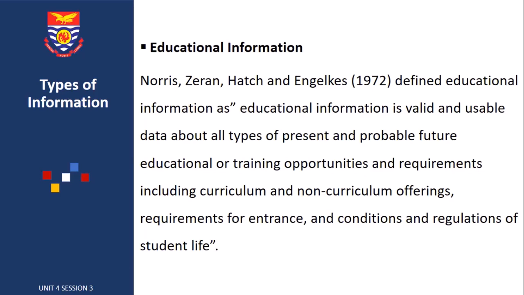Norris and others, 1972, define educational information as valid and usable data about all types of present and probably future educational or training opportunities and requirements, including curriculum and non-curriculum offerings, requirements for entrance, and conditions and regulations of student life.